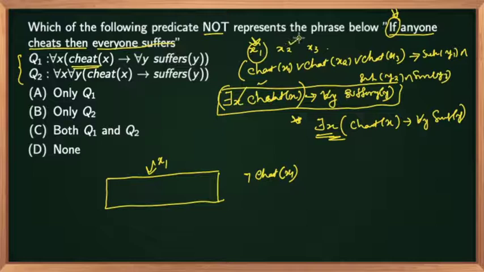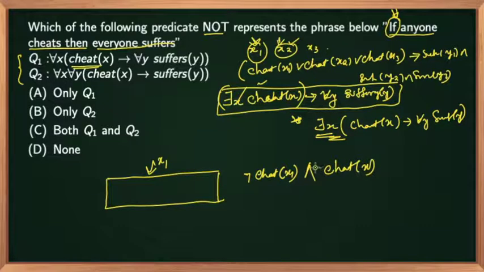Then you see x2. Let's assume x2 is a cheater. So for x2, I am going to evaluate every value in this domain, right? So let's say not cheat of x1, that's fine. And let's assume x2 is a cheater. Then what will I do?